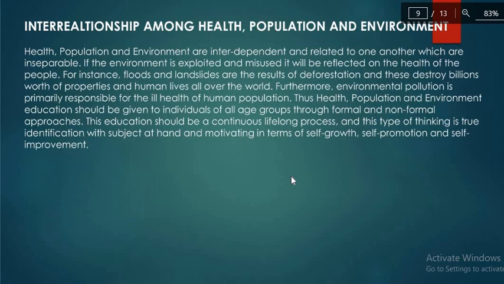Health, population and environment are interdependent and related to one another, which are inseparable. They cannot be separated. These are interrelated and interconnected. If the environment is exploited and misused, it will be reflected on the health of the people.